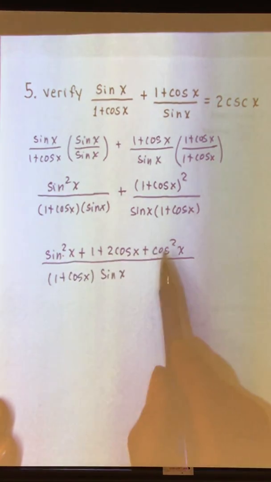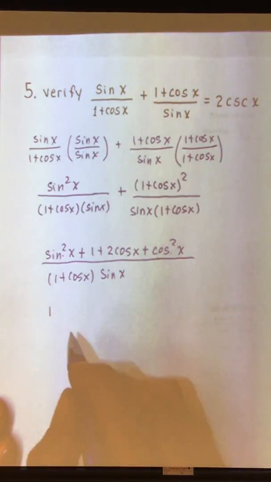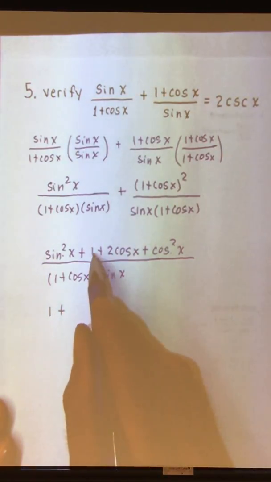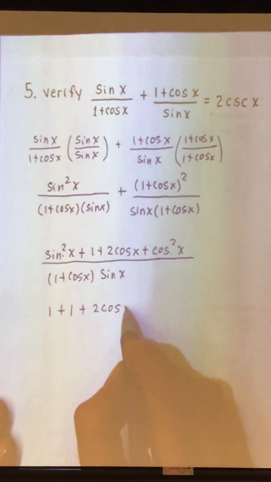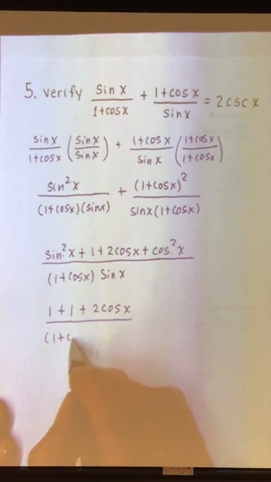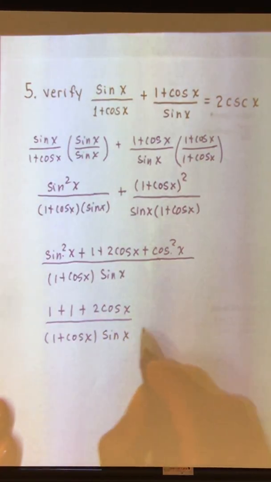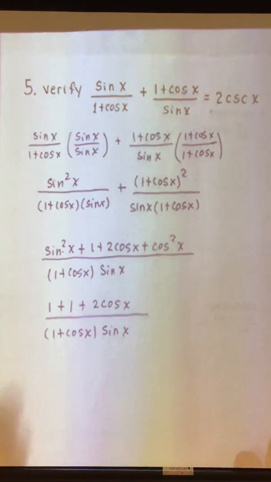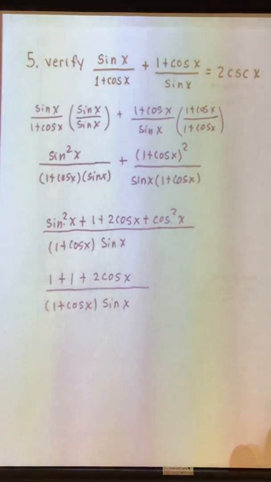Sine square x plus cosine square x is 1 by the Pythagorean identity, plus the 1 that's already there, plus the 2 cosine x that's already there, and we have the same denominator still there. Often we do not multiply out the denominators, but we usually do in the numerators. This is just a general rule of thumb that seems to work for most problems.